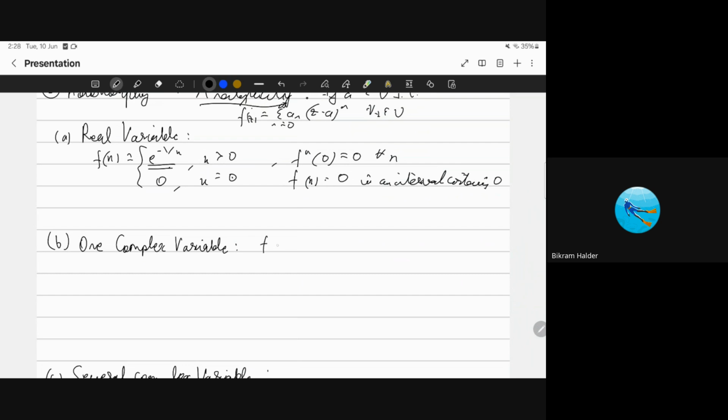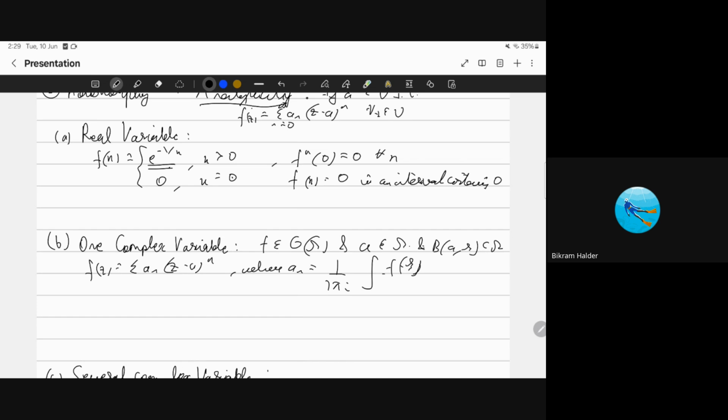That means that if f is holomorphic in omega and a belongs to omega, then for all disks which are contained in omega, we can write f(z) equal to the summation of a_n (z minus a) power n, where a_n is equal to 1 by 2 pi i times the integral of f(xi) upon (xi minus z) power n plus 1 d xi, over the boundary.